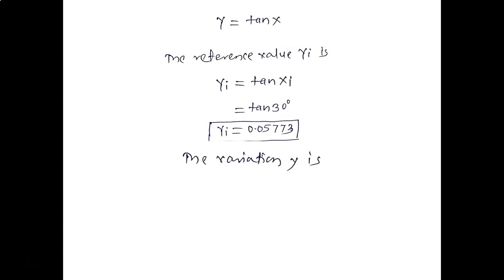Next, the variation small y. What is the variation small y? Small y is equal to dou y by dou x at the point i into small x. Therefore, substituting the values, small y is equal to dou by dou x of tan x at the point i into small x. Therefore, small y is equal to sec square x at the point i into small x.